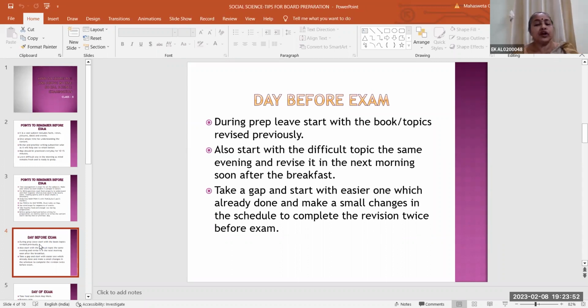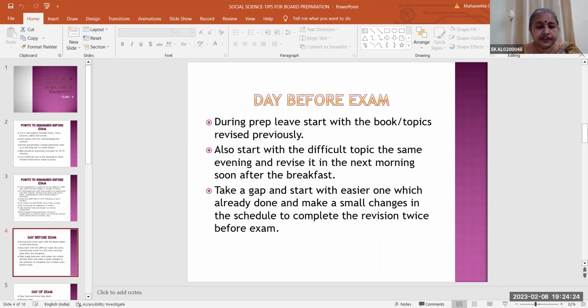Next morning, when you wake up after 8 hours of sleep, I'm emphasizing 8 hours because you need comfortable rest during this time, start with the difficult one again so that by 10 o'clock you're comfortable and you develop confidence. After that, you start with the easier one, then the difficult one. In this way, you must complete your preparation before the exam.